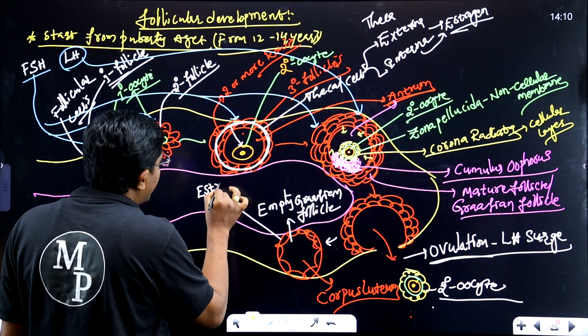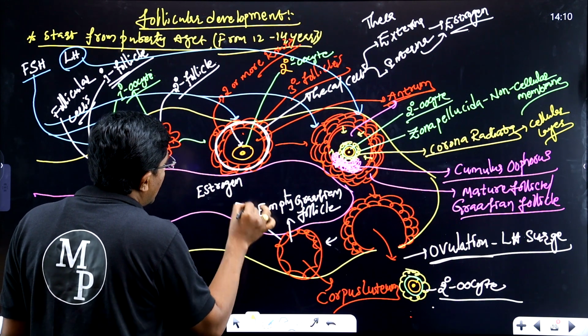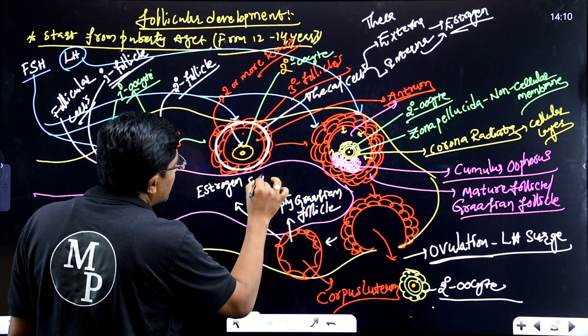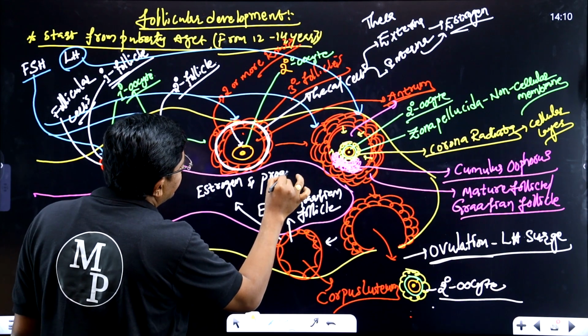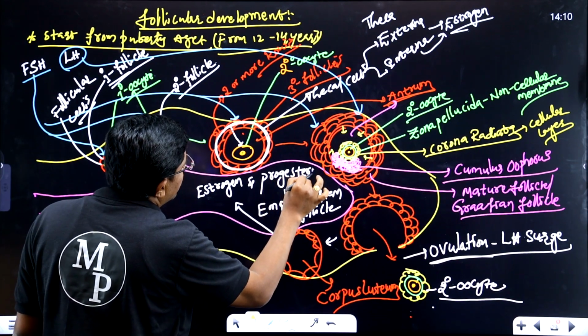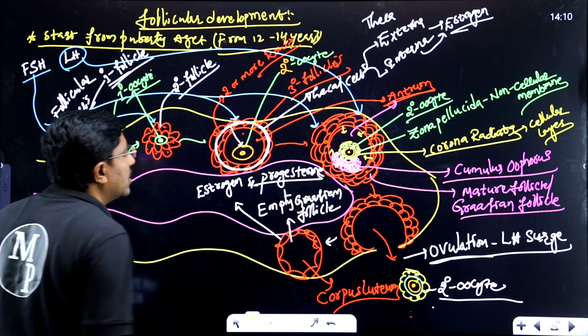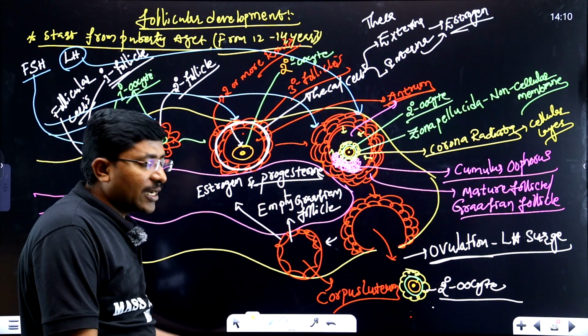One is estrogen and the second one is progesterone. These two hormones are produced by the corpus luteum.